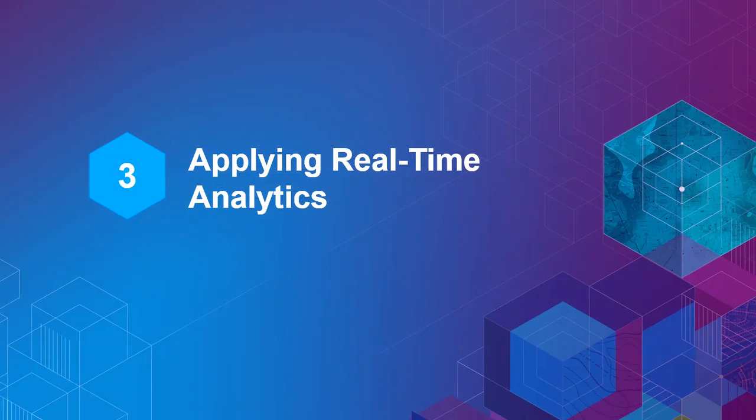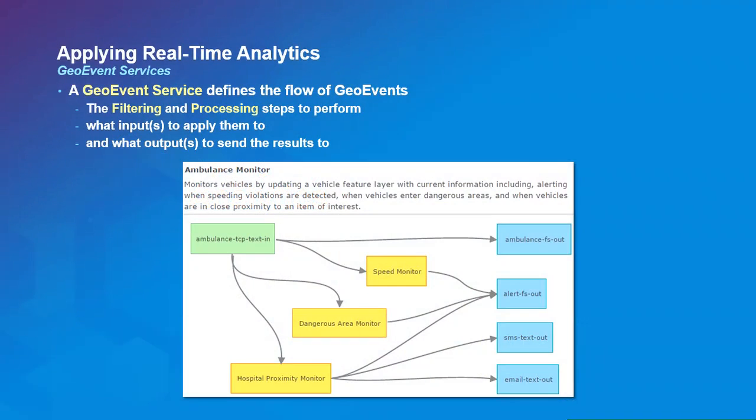Next, we looked at how you actually bring real-time data in and how you get real-time data out. Next, we're going to look at the ways in which you can apply real-time analytics on that stream of data as you're receiving it. You do so by defining a GeoEvent service, which Sagar demonstrated previously.